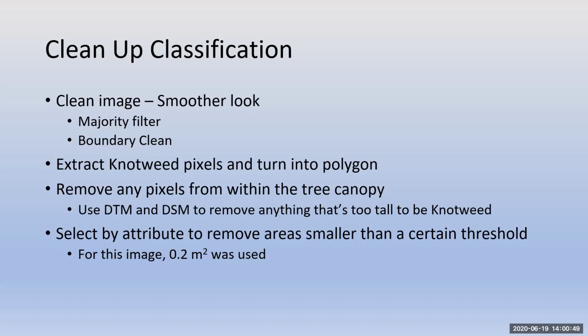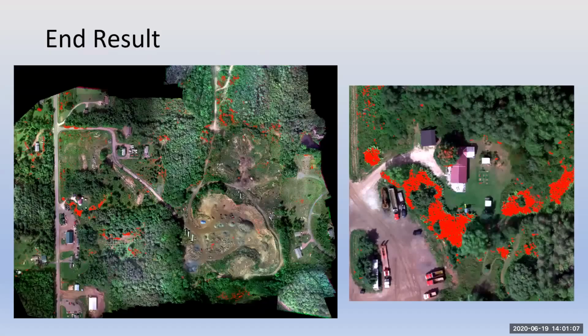We also eliminated anything that was under 0.2 square meters in size. Any little specks in there, we said get rid of those too, clean those up. Those are probably just anomalies in the database.